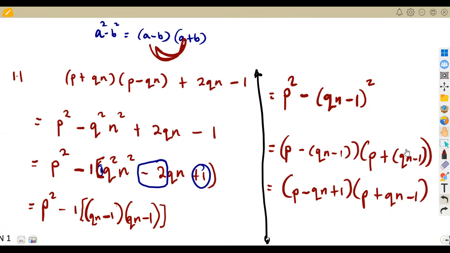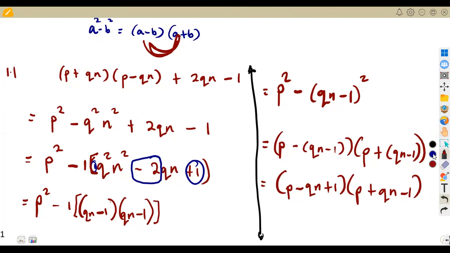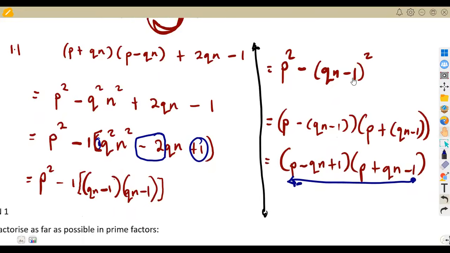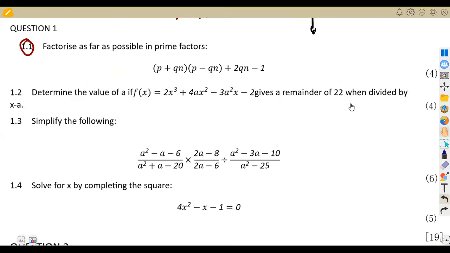So this was the final answer that I was actually expecting you guys to have at the end. If you were to factorize properly, we're supposed to have two brackets of this nature. So that's the idea there. You were just supposed to play around. They just wanted to test your difference of two squares, if you still remember those things and so forth. All right, so that was 4 marks for that.